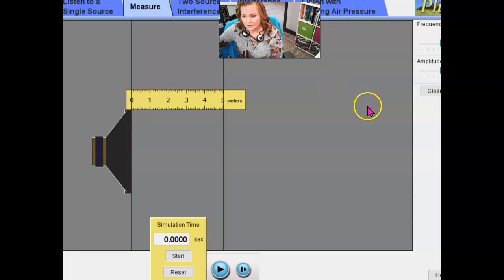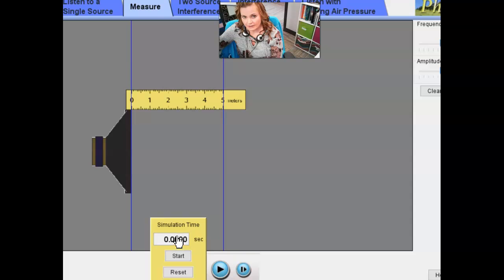One of the things I'm going to be doing is I want to look at the time it takes for a wave to travel 5 meters. Right? So I'm actually going to look at, using my stopwatch, the time it takes for the wave to go from here to here. I'll start and stop the stopwatch, and I'll be able to get a time for that. Because distance divided by time is one way to calculate the velocity of the wave, right?